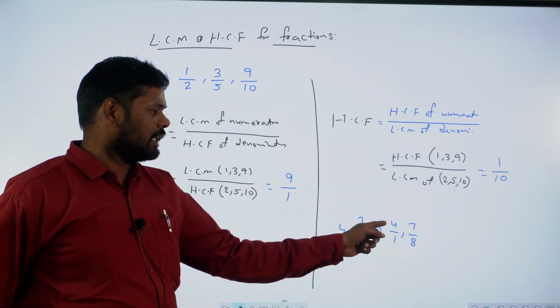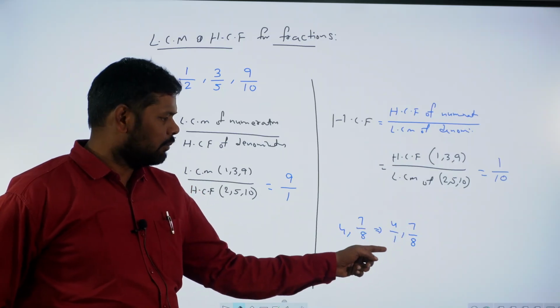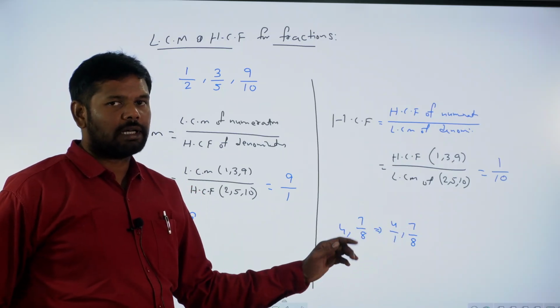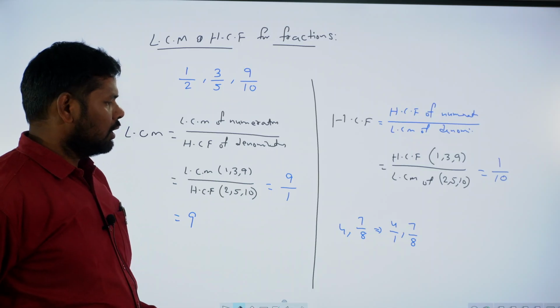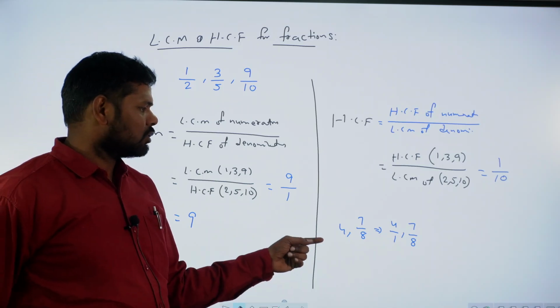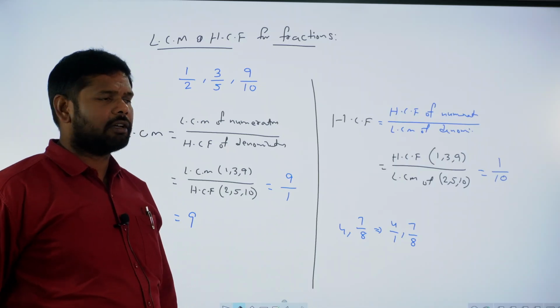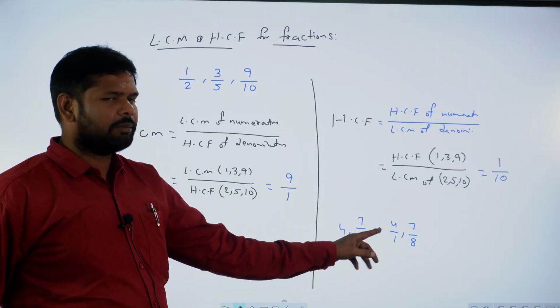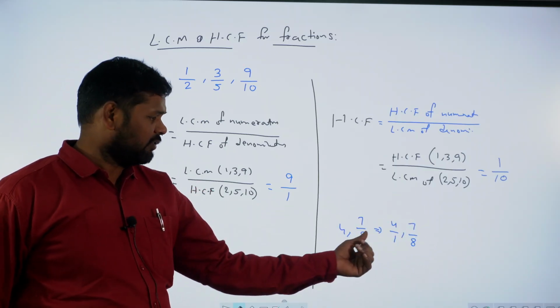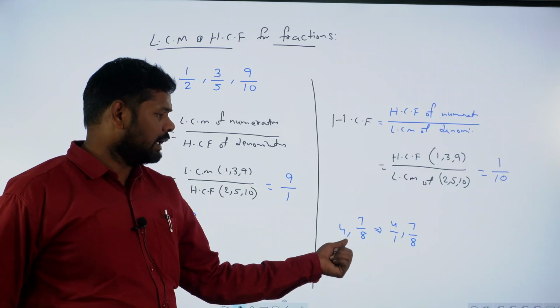Here the LCM is the LCM of 4 and 7 divided by the HCF of 1 and 8. Like that you need to solve. Right? Many times students forget the denominator 1 of 4; no doubt they find the LCM, but for the HCF they write only 8.